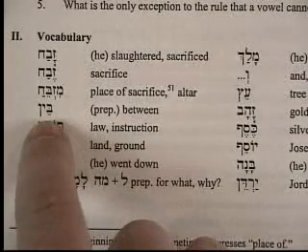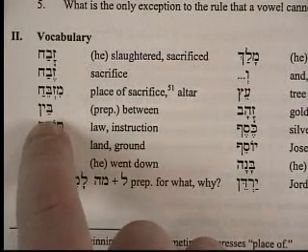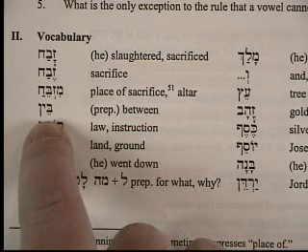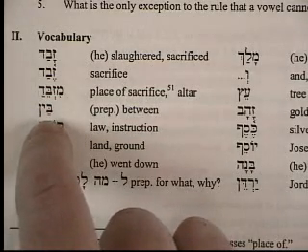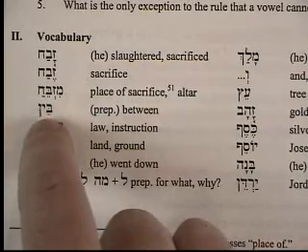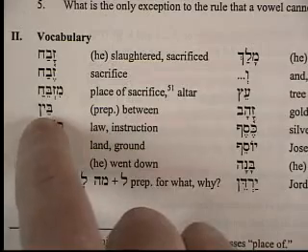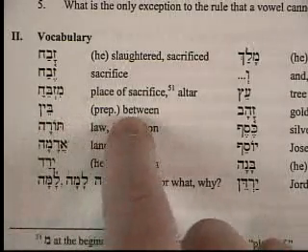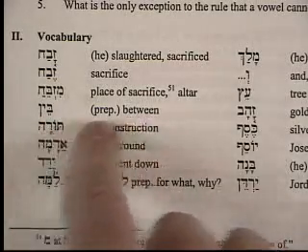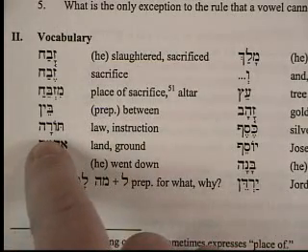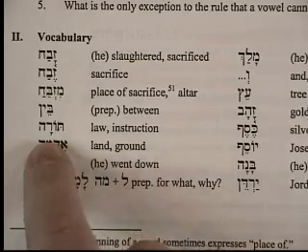We have the word bain, between, and how do you remember? We have bain, son, without the yod, and then we have bain with a yod in it here that's between, and the way I remember this is we have the yod between the beit and the noon, and that helps with the word between connection there. We have the word law or instruction is Torah, Torah.